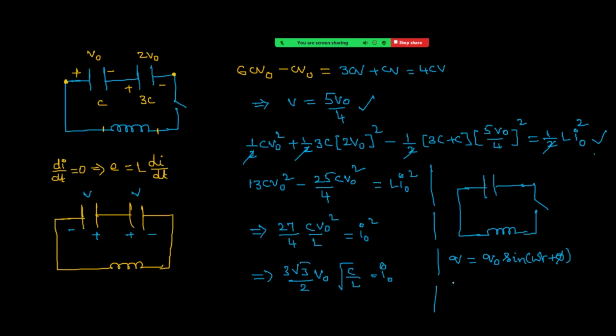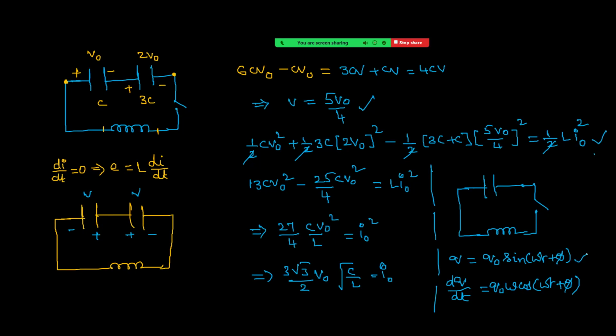Second equation, differentiate this. If you are given at what rate charge is changing, or if they mention how much current is flowing, then by differentiating, the rate of flow of charge is equal to Q naught omega cos omega t plus phi. So they have to mention, suppose when time t equal to 0, some charge is given. At that instant, at what rate charge is changing is also mentioned.